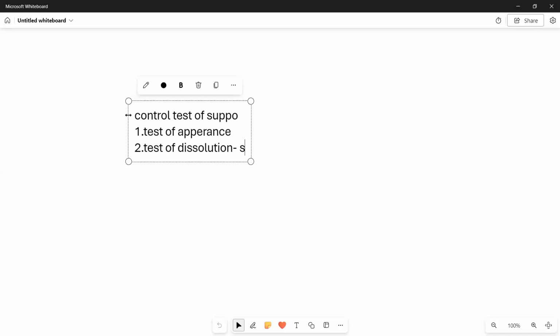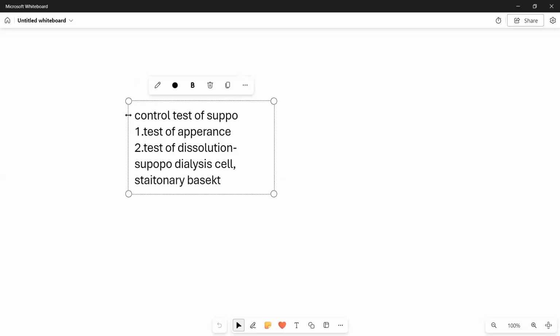The first one is the suppository dialysis cell, and the second is the stationary basket apparatus. These two apparatus are used for testing the dissolution of suppositories.